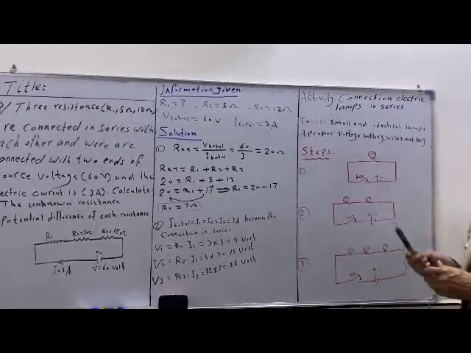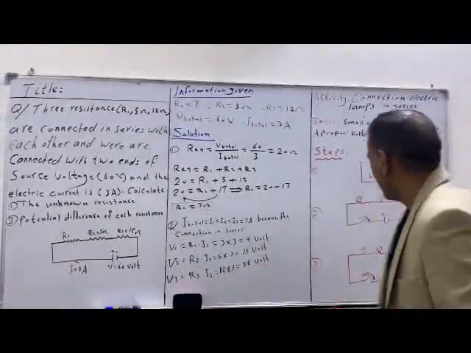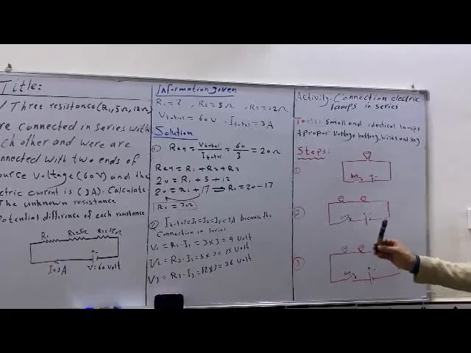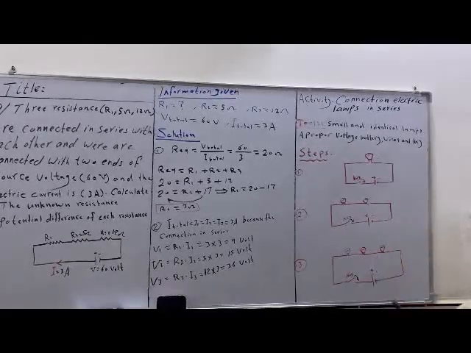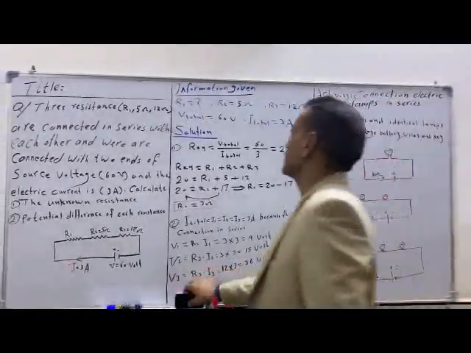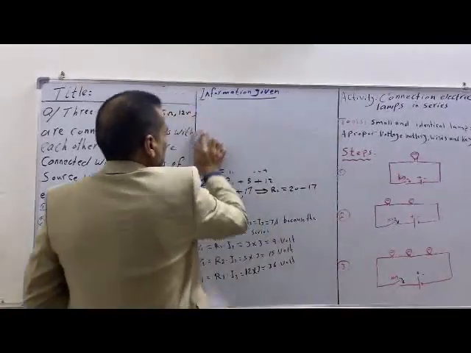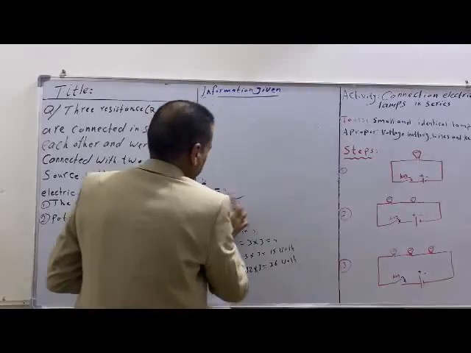From this activity, we conclude that when we increase the lamps in the electric circuit, the electric current decreases, because the electric resistance of the circuit increases.